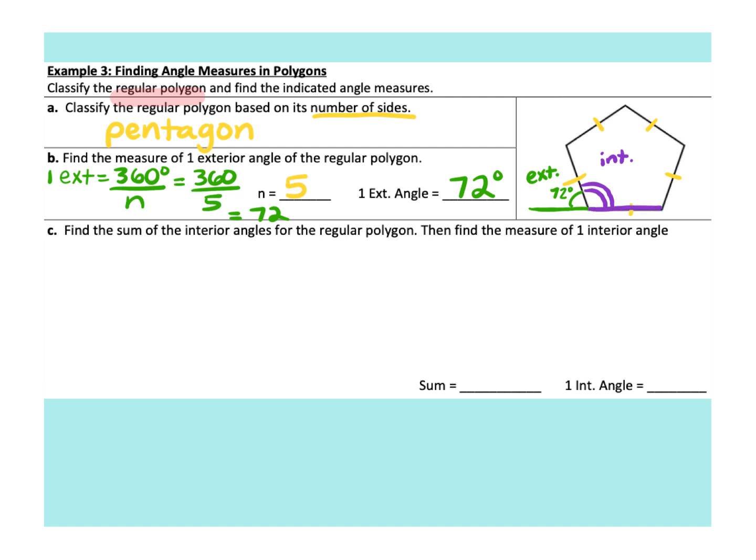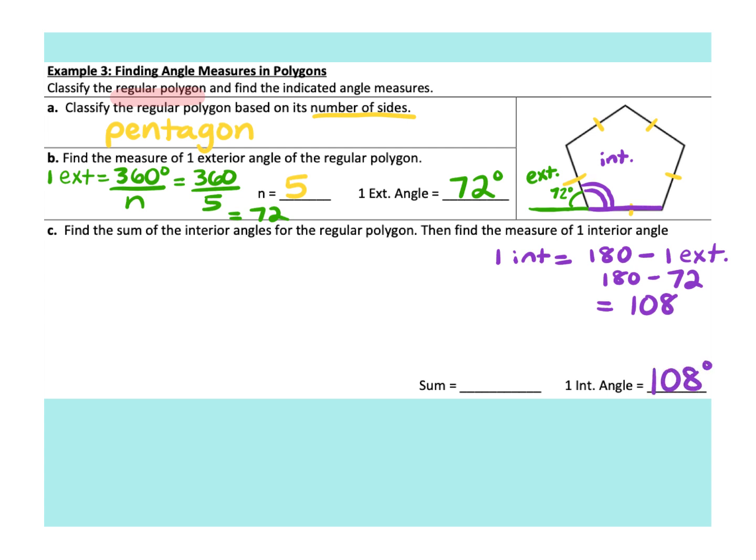And we know that a line, or a linear pair, always adds to 180. So one way that we could find 1 interior angle is just to take 180 and subtract the exterior angle measure. So 180 minus 72 is 108. So my 1 interior angle would be 108 degrees.